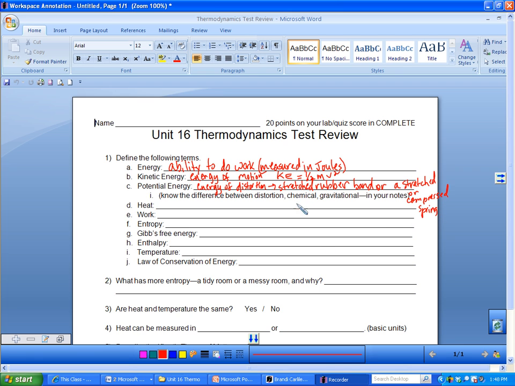That takes care of the distortion. The chemical energy, chemical potential energy, is the energy stored in chemical bonds.